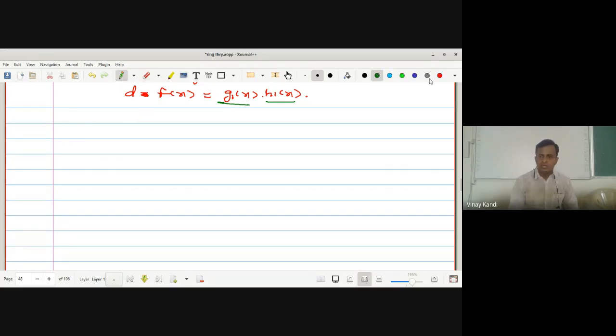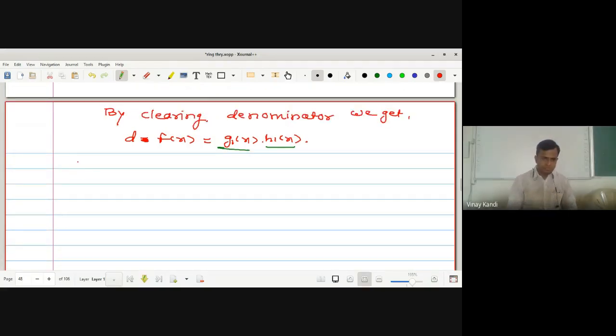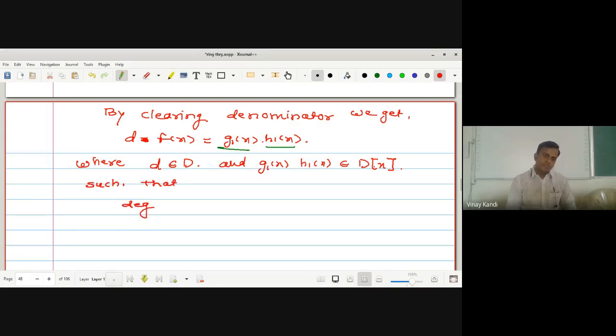So what we get then, d into f of x is equal to g1 of x into h1 of x, where the d belongs to capital D. Okay, and g1 of x, h1 of x belongs to कुठे असतील, आता ह्याच्यातले कोएफिशिएंट कशातले असतील, माझे d मधले असतील. ओके, so hence these two polynomials belong to D of x, such that the degree of g of x is equal to the degree of g1 of x. दोघांच्या डिग्री सेम असतील.